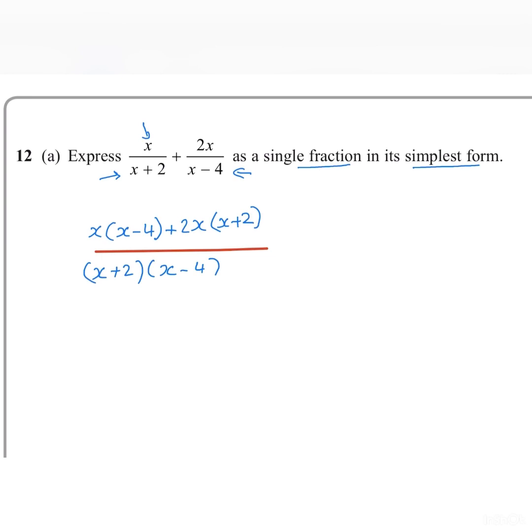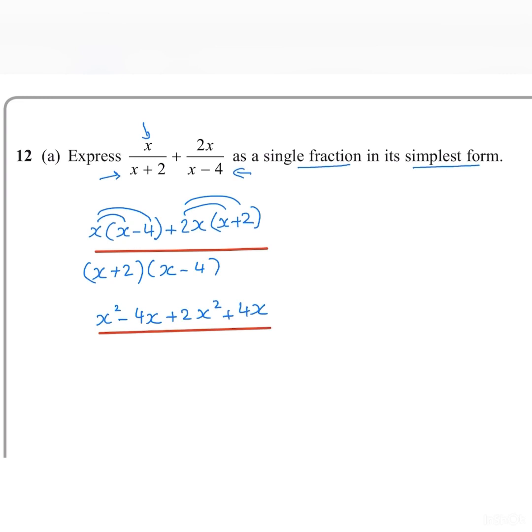Okay, so let's just extend that line a little bit more, and I'll simplify this by multiplying out the brackets. So we get x squared minus 4x, and then plus 2x times x is 2x squared, and then plus 2x times 2 is 4x. And then at the bottom, nothing changes here.